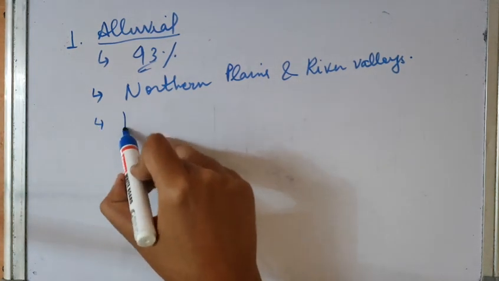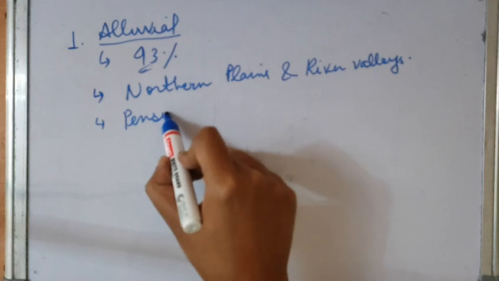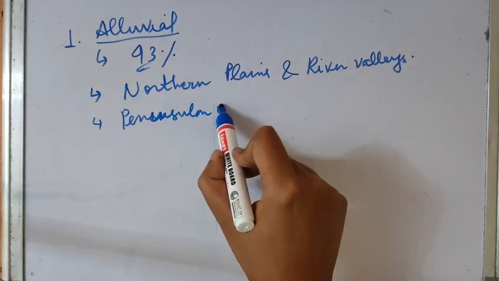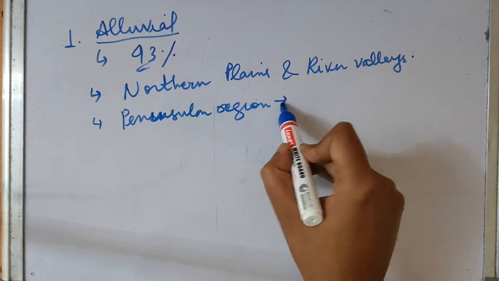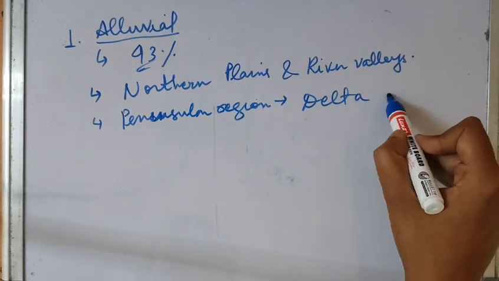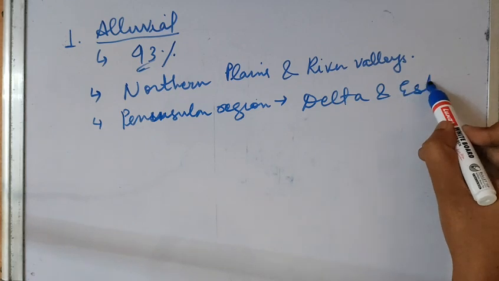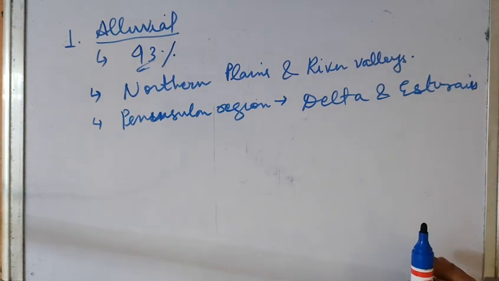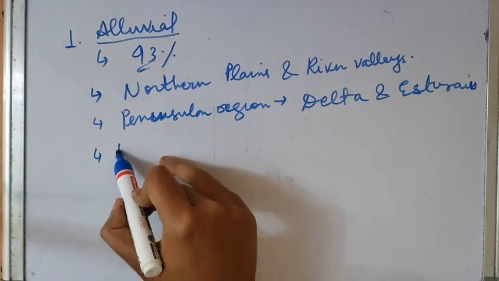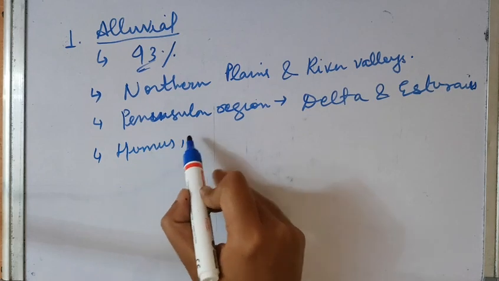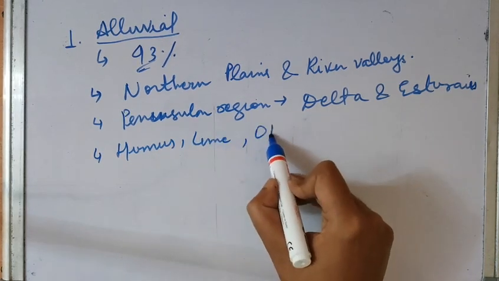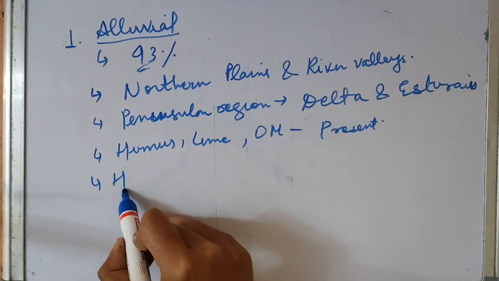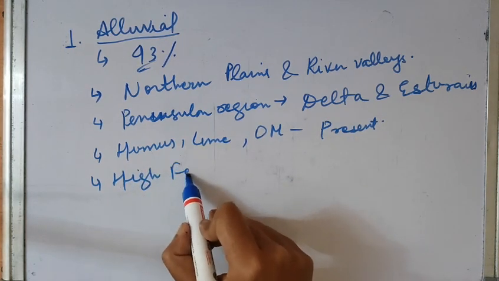You can also see alluvial soil in the peninsular region, near deltas and estuaries. Humus, lime, organic matter all are present. High fertility. You all know that alluvial soil is highly fertile.